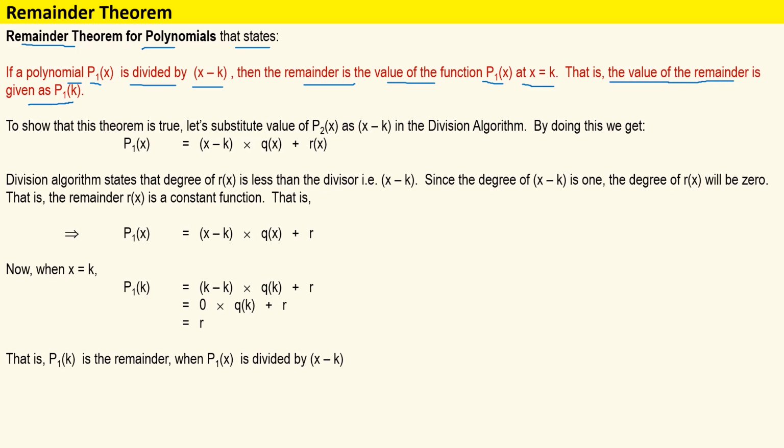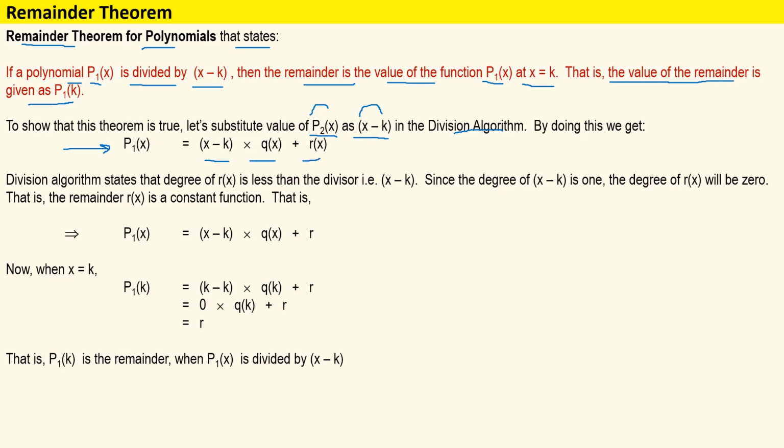To show this theorem is true, let's substitute the value of p2(x) as x minus k. That is, we are replacing the polynomial p2(x) by x minus k in the division algorithm. If we do that, we get the polynomial p1(x) is equal to (x minus k) times q(x) plus r(x).